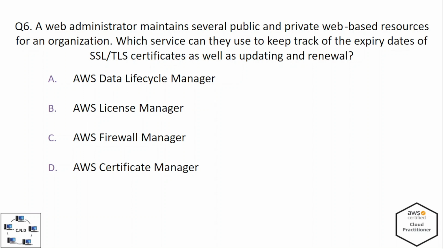Question number 6 is, a web administrator maintains several public and private web-based resources for an organization. Which service can they use to keep track of the expiry dates of SSL/TLS certificates as well as updating and renewal? So we are talking about SSL and TLS certificate expiry, updating and renewal, and the options are A. AWS Data Lifecycle Manager, B. AWS License Manager, C. AWS Firewall Manager, and D. AWS Certificate Manager.